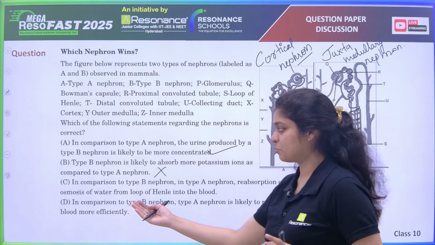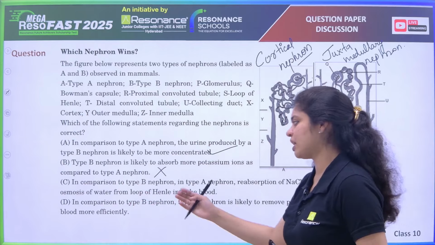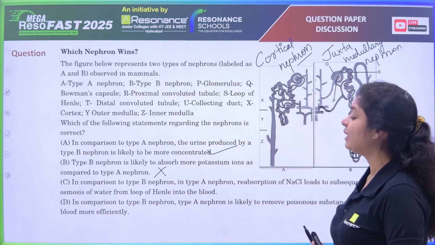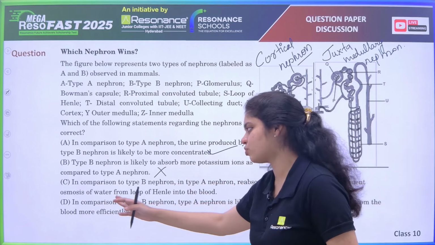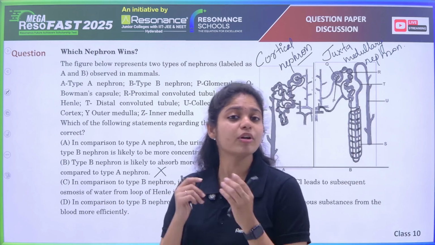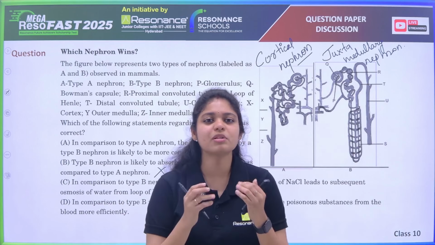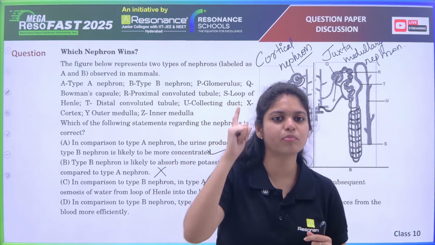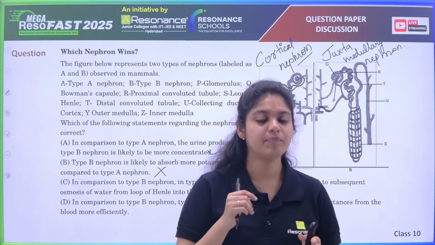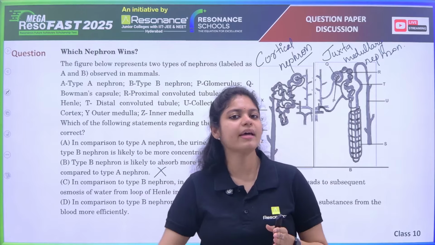Coming to the statement C, in comparison to type B nephron, type A nephron reabsorption of NaCl leads to the subsequent osmosis of water from the loop of Henle into the blood. Before jumping into what the statement actually means, you should remember a small concept: the loop of Henle has a descending limb and an ascending limb.